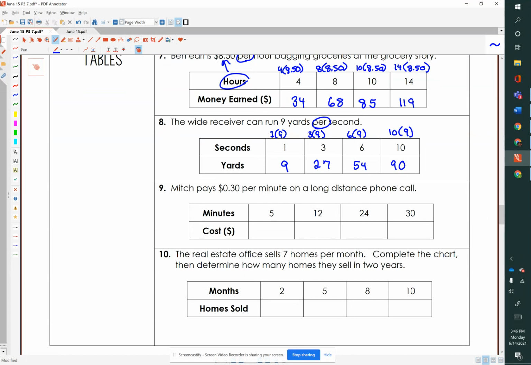Now we've got Mitch, who pays 30 cents per minute, so another proportional relationship, to make these long-distance phone calls. So we'll multiply each one of these times 0.30.